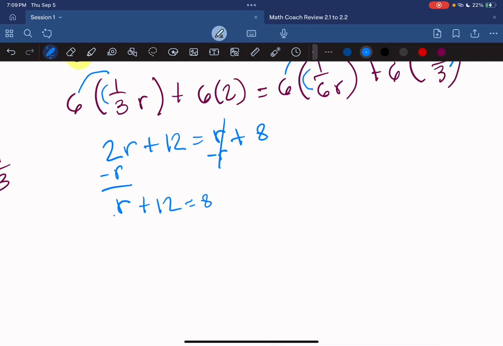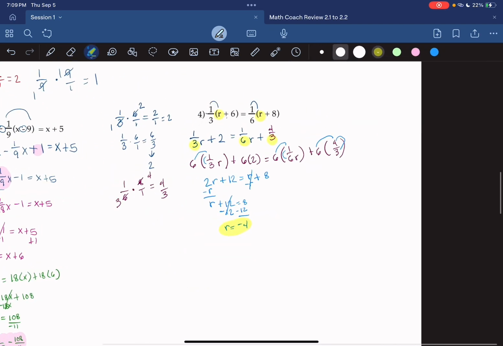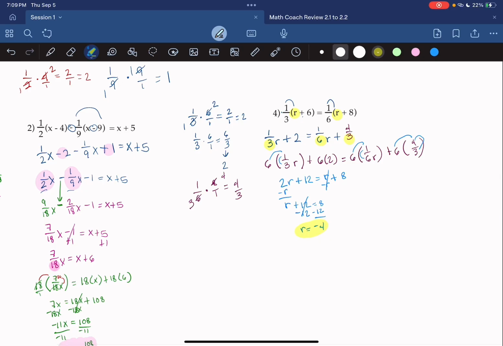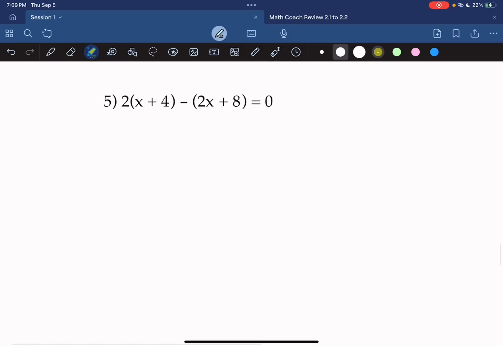Now let's isolate it by subtracting 12. 12 minus 12 is 0, so it cancels out. And then 8 minus 12 is going to give us negative 4. So r equals negative 4. That's the answer for number 4. Halfway there. So now let's do number 5.